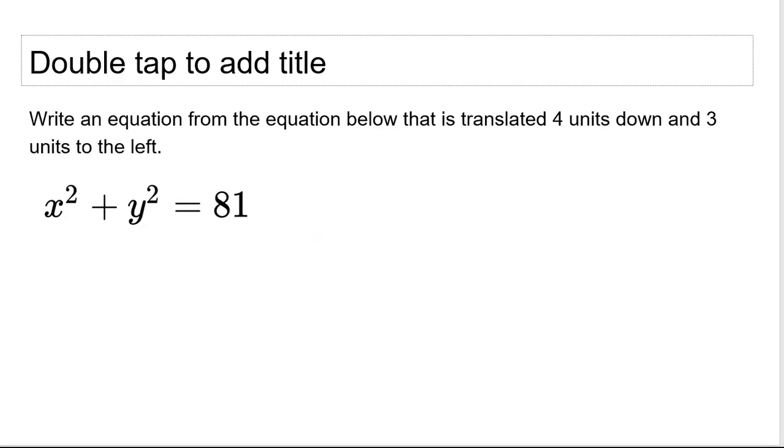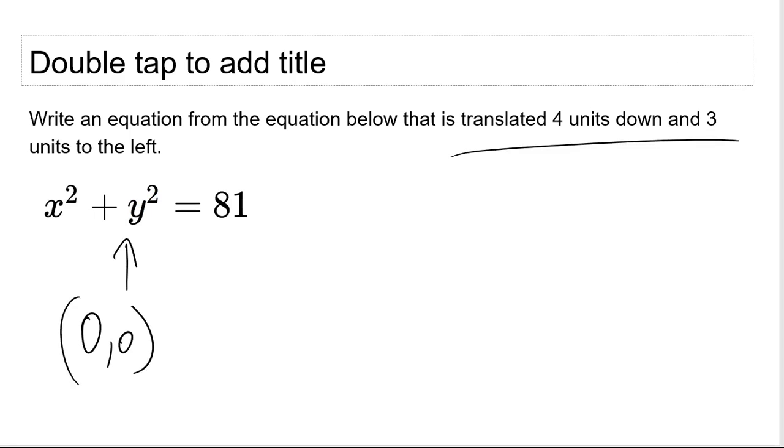Okay, write a new equation from the equation below that is translated 4 units down and 3 units to the left. You can see here that the center is 0, 0. Based on these two directions, I want you to write a point. If I go 4 units down, let's talk about the second number. That means -4. 3 units to the left, that's the first number, that means -3.